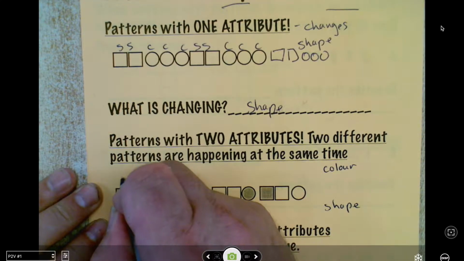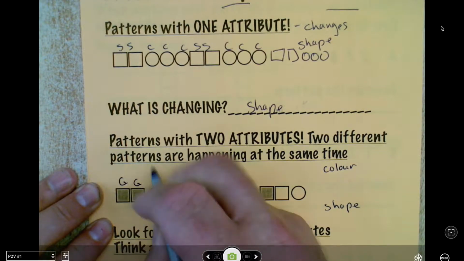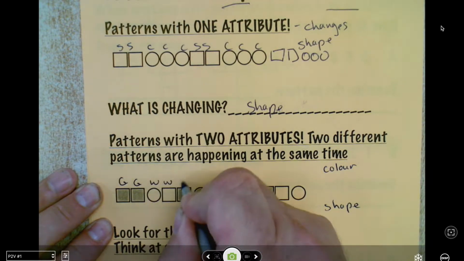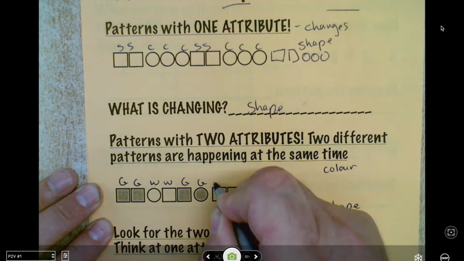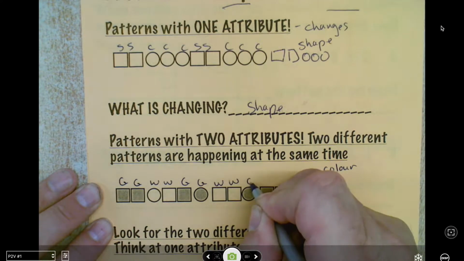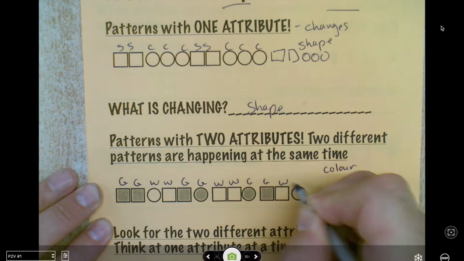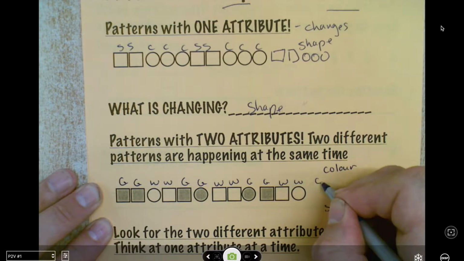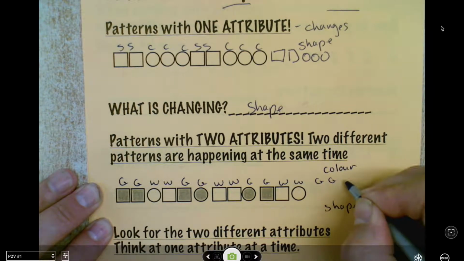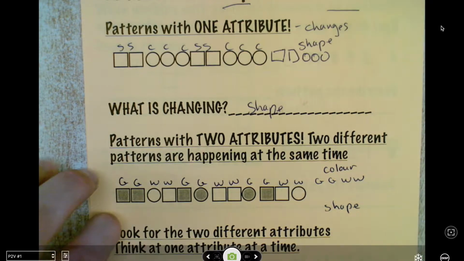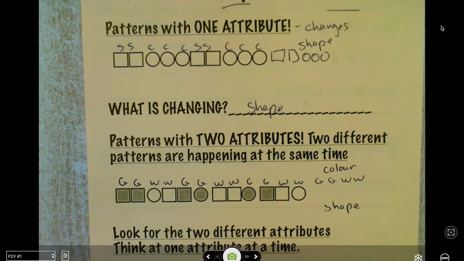So let's call this gray. Gray, gray, white, white. Gray, gray, white, white. Gray, gray, white, white. So whatever comes next, I'm going to need a gray one, a white one, and a white one. So I just isolated for color that time.